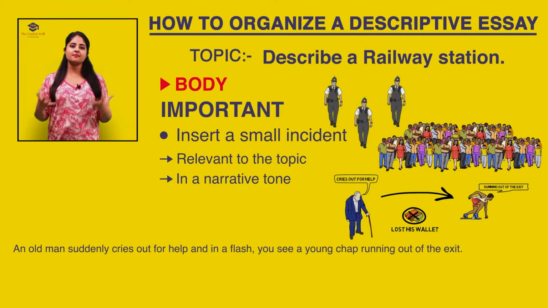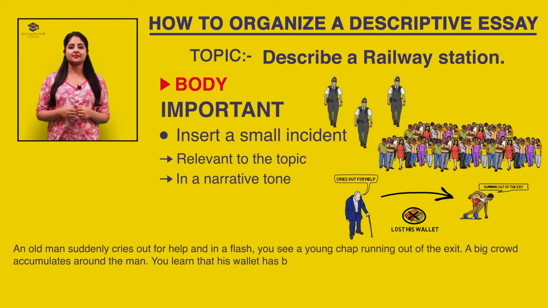So an old man suddenly cries out for help, and in a flash you see a young chap running out of the exit, literally bolting out of the exit. So what happens then? A big crowd accumulates around the man. You learn that his wallet has been picked by someone.